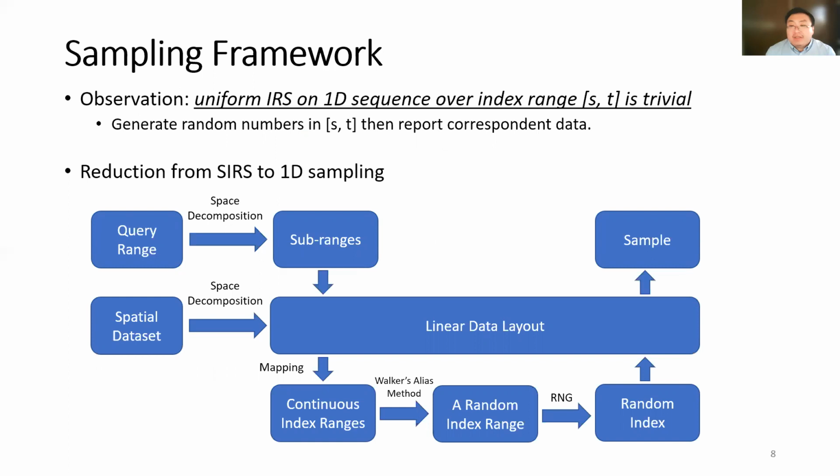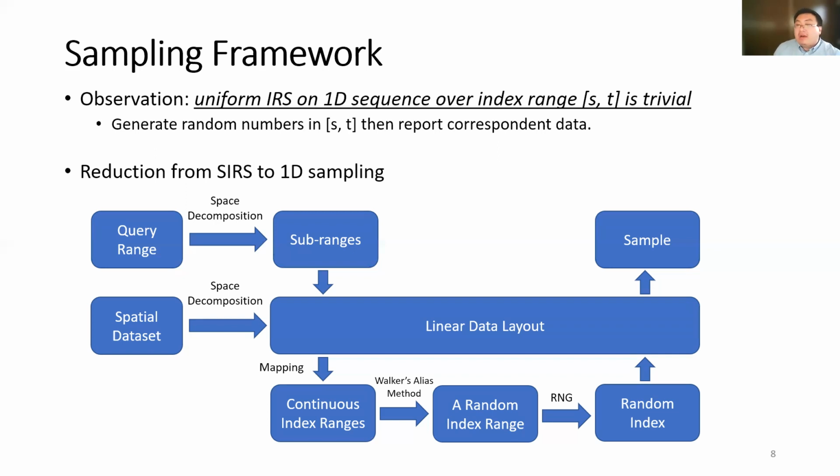We started from a simple observation that the uniform IRS problem, the independent range sampling problem, on a single-dimension sequence is actually trivial. If we want samples with index range from S to T, we can simply generate a random number between them and report the corresponding data. With that in mind, we can leverage different kinds of space decomposition strategies, for example space-filling curves, KD-trees, or quad trees, to lay out our spatial data in a linear manner.